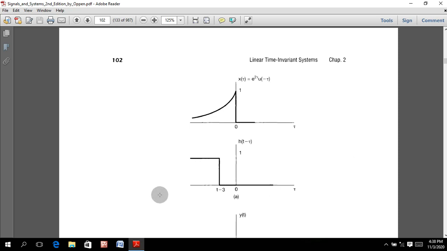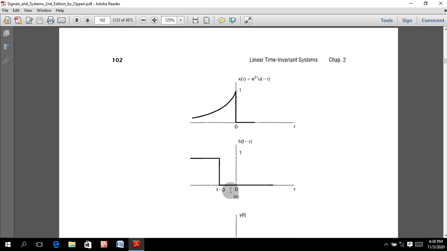Now in this picture, we have seen that the value has started from t equal to minus 3. Why has it happened? Because u function of t minus 3 should usually start from t equal to 3, from that point. It should start from here. But what we have done is just take a mirror image of the specific signal.